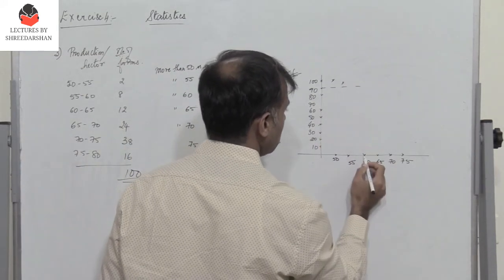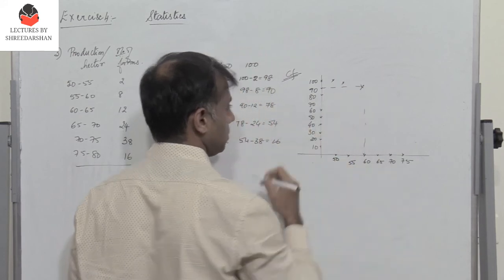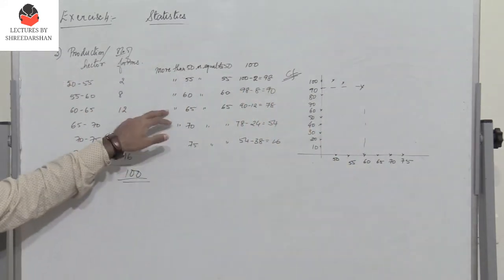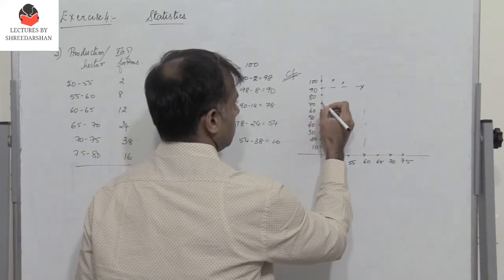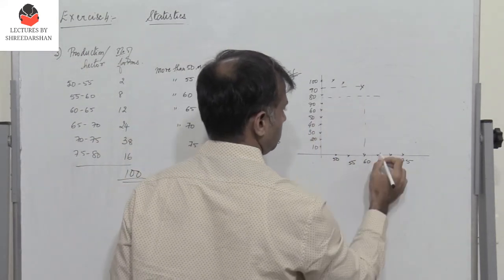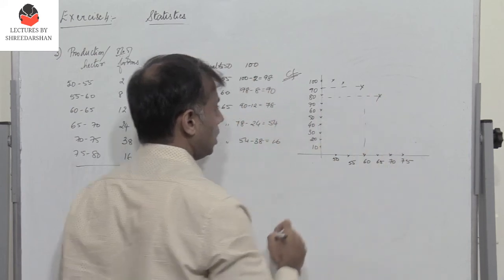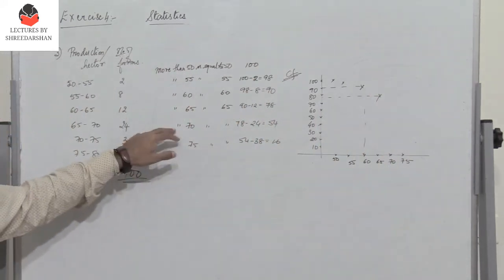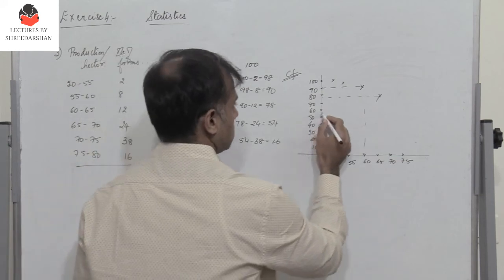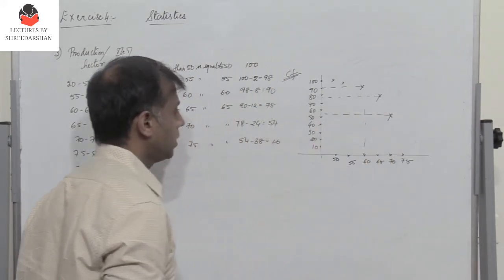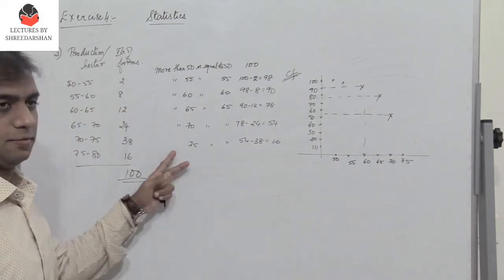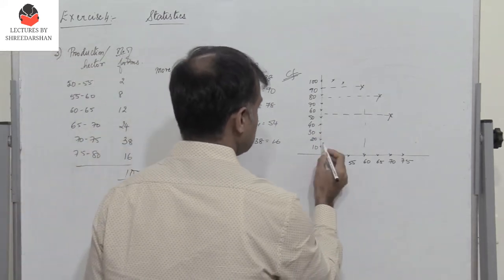So I have 90 and 60. How many farms produce at least 65? So it's going to be 78. So 78 will be somewhere here. Now how many farms produce at least 70 is going to be 54. So you have 54. And how many farms at least produce 75? So it's going to be 16.